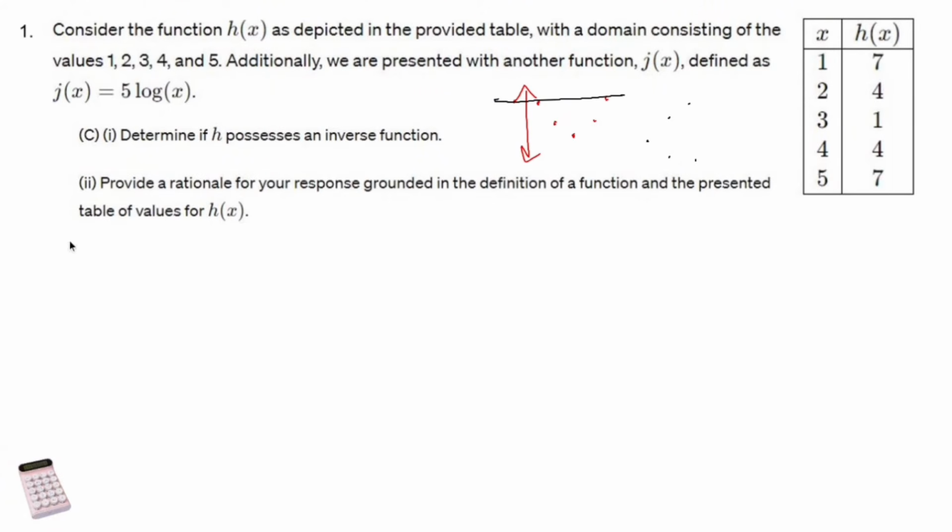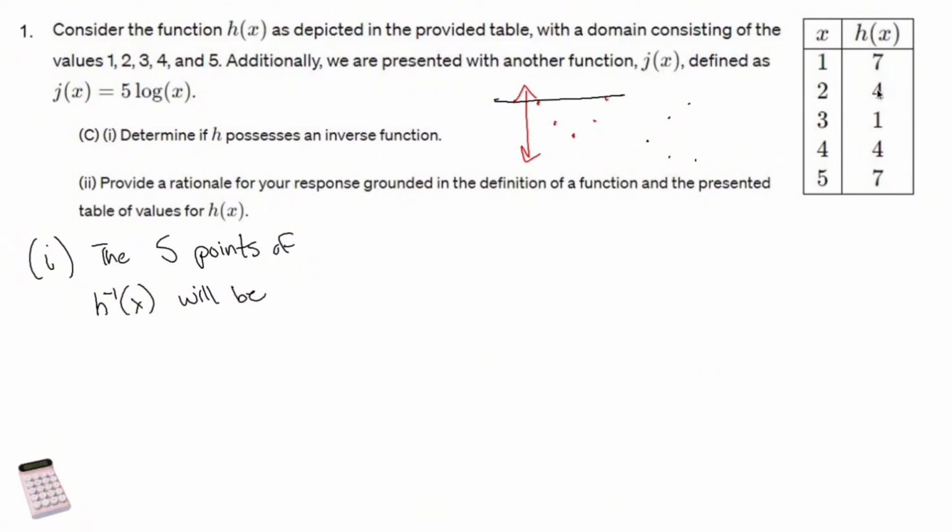So what we will say is something like this. We have the 5 points of h inverse of x, and I'll just take these and flip them around.